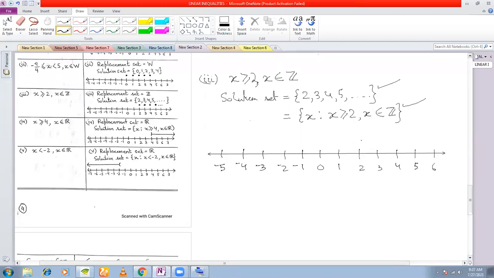What are the numbers? 2 is one solution, 3 is another solution, 4 is another solution, 5 is another solution, and it continues. So you give dots here, 3 dots, and that will be it. Okay, fine. So next is the set of real numbers that I'll discuss tomorrow.